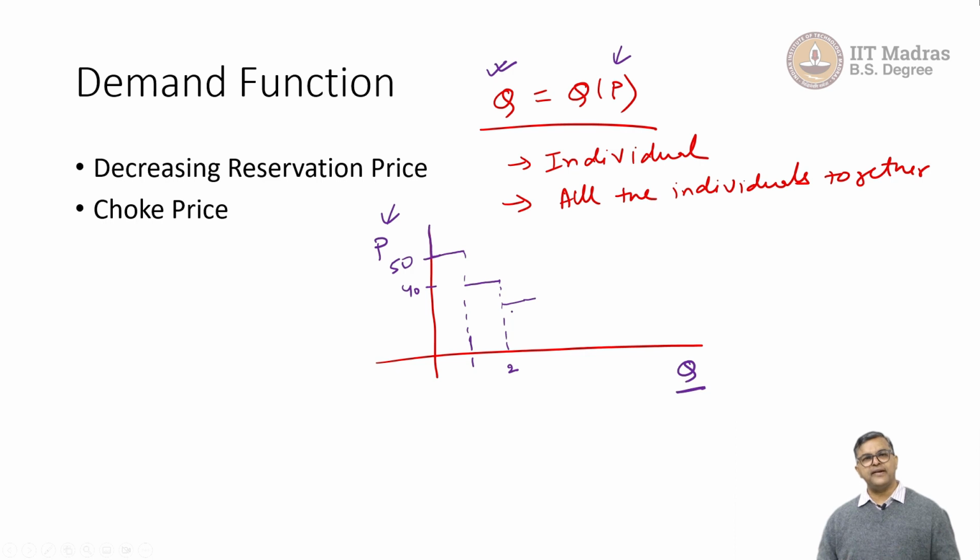Can you think of a reason why, as price falls, more and more mangoes could be bought? Two reasons one can think of. One, as price decreases you will find other uses of mango. Right now you are having just mango to eat as a fruit, perhaps then you will use it in pudding or in some sort of dessert. So, as price decreases you will find more and more uses of mango.